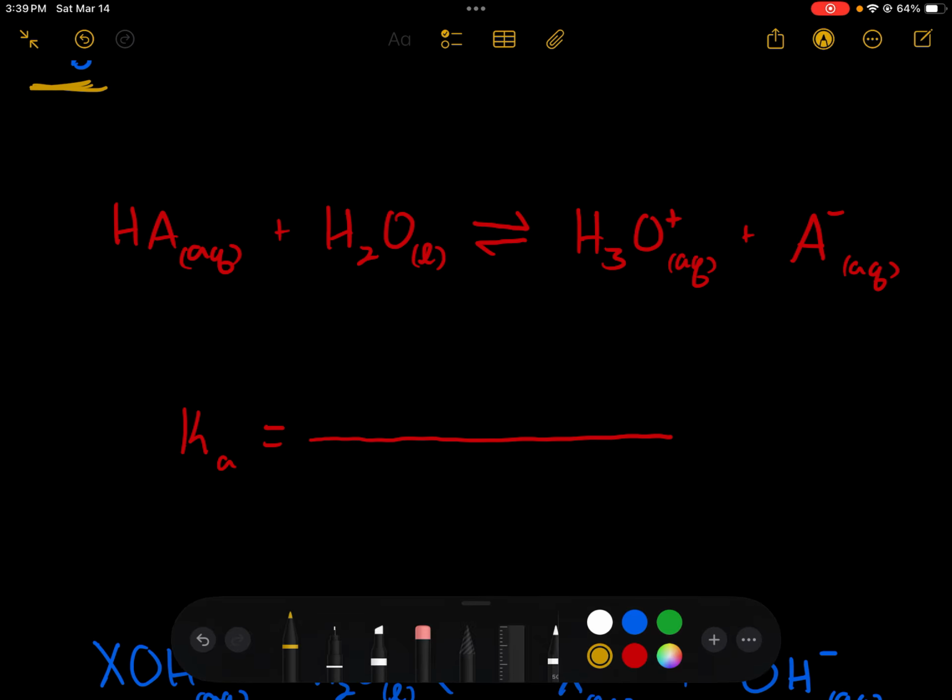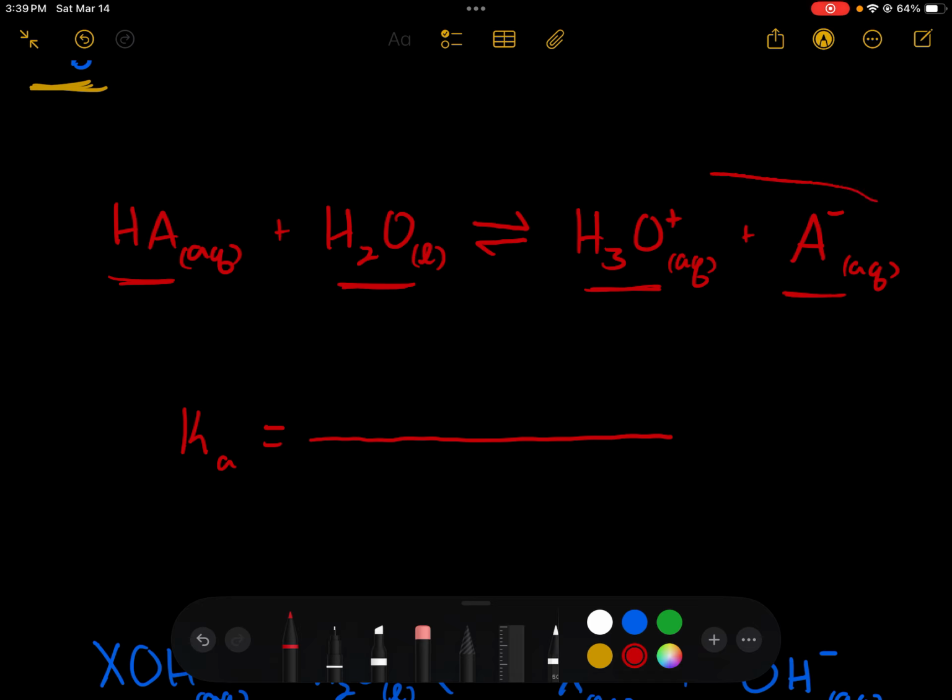This first equilibrium system represents a generic acid HA coming into contact with liquid water, and then in that dissociation it is going to form a hydronium ion and that A-, that leftover ion from the acid. And so if we were to write this expression, we would do products divided by reactants raised to the power of any coefficients, making sure to exclude anything in solid state and anything in liquid state, just like always.